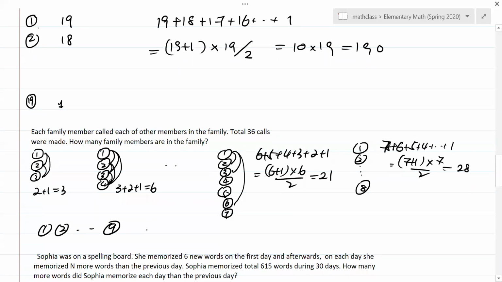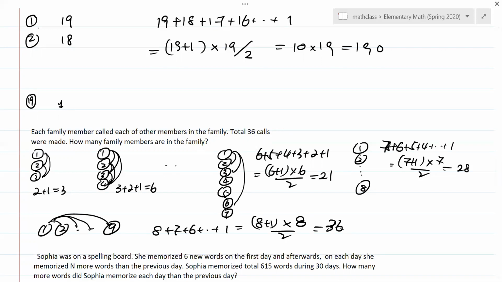Okay, so with 9 members, you make phone calls to each other, just like a handshake. So you get 8 plus 7 plus 6 all the way to 1, so it's 8 plus 1 times 8 divided by 2, okay, and that's 36. Yeah, 4 times 9 is 36.